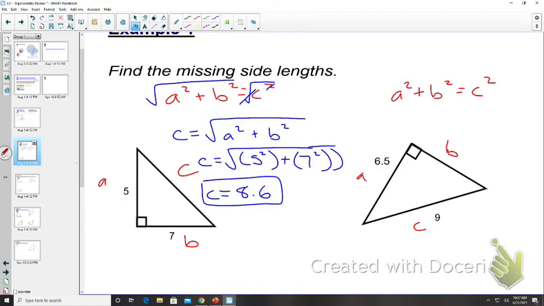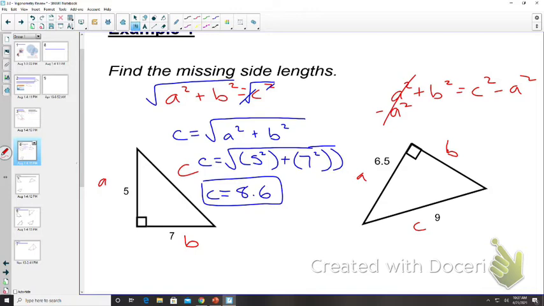Subtract b squared. No. Divide. We want to get B by itself, right? And B is positive. Add a or no? It's a positive A, right? Subtract a. Subtract A, good. Subtract A squared from both sides.